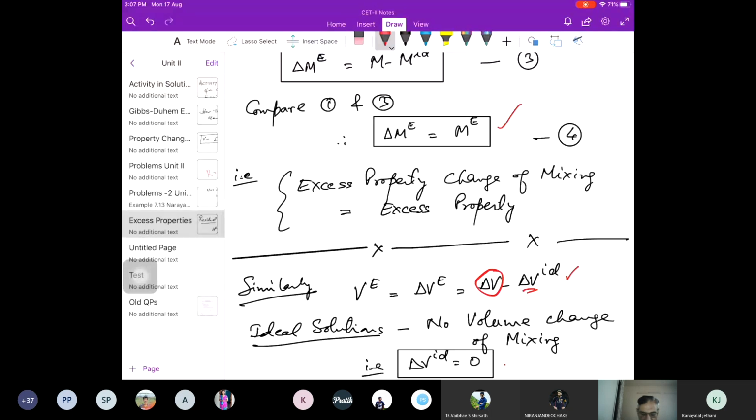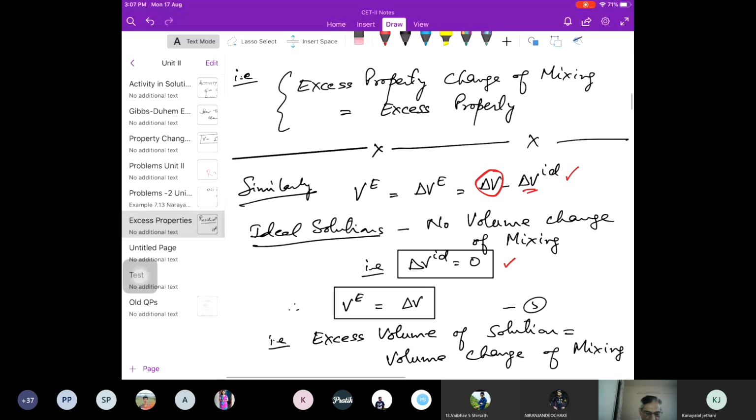So delta V ideal is equal to 0 for ideal solutions. So if we put it here, what we'll get is V excess is nothing but delta V. So excess volume is nothing but volume change of mixing, in the case of volume, not for other things. We'll see that. In some cases it will be the same, in some cases it will be different.